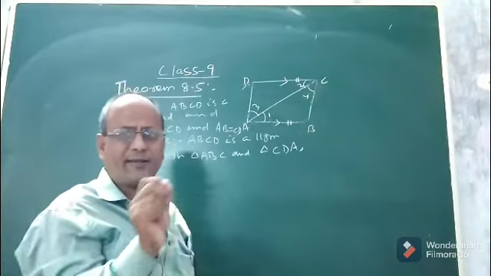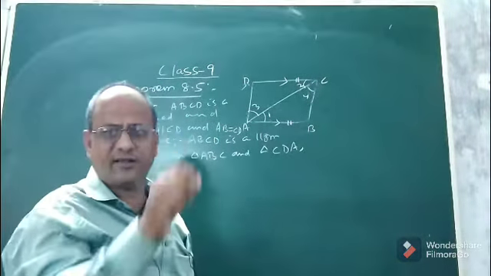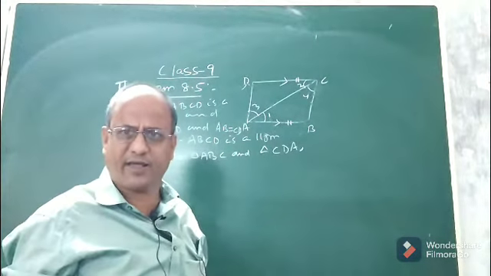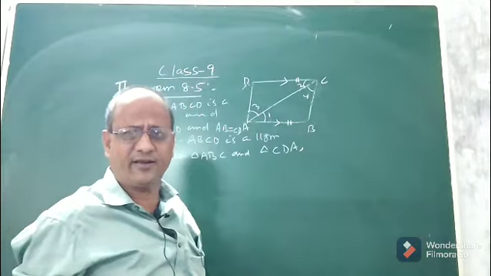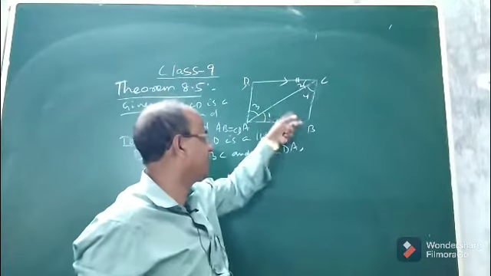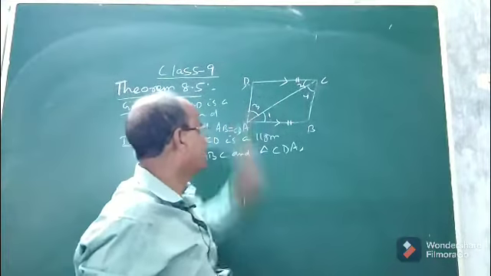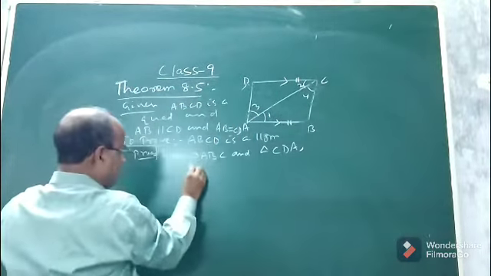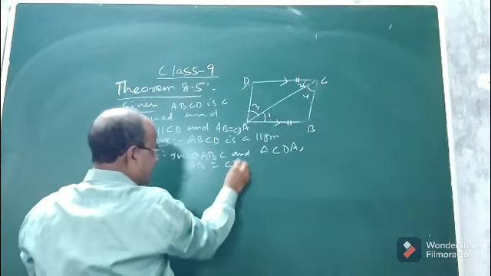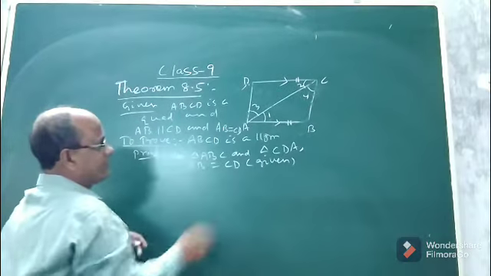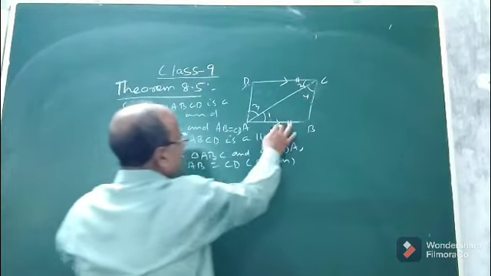Then only it will satisfy some condition like SSS, SAS, ASA, AAS, RHS, whatever the case may be. See children, in these two triangles, we are already given AB and CD equal. So write down AB equal to CD, given. Write the reason in bracket.